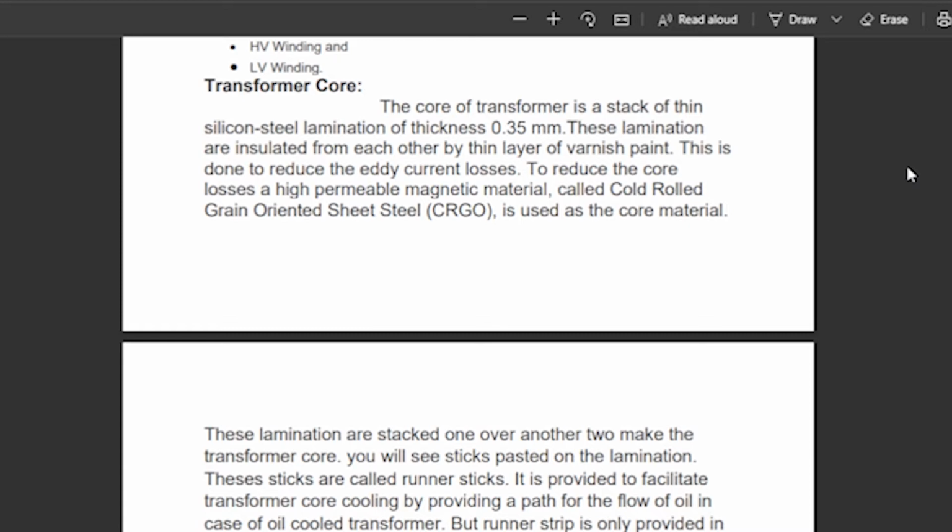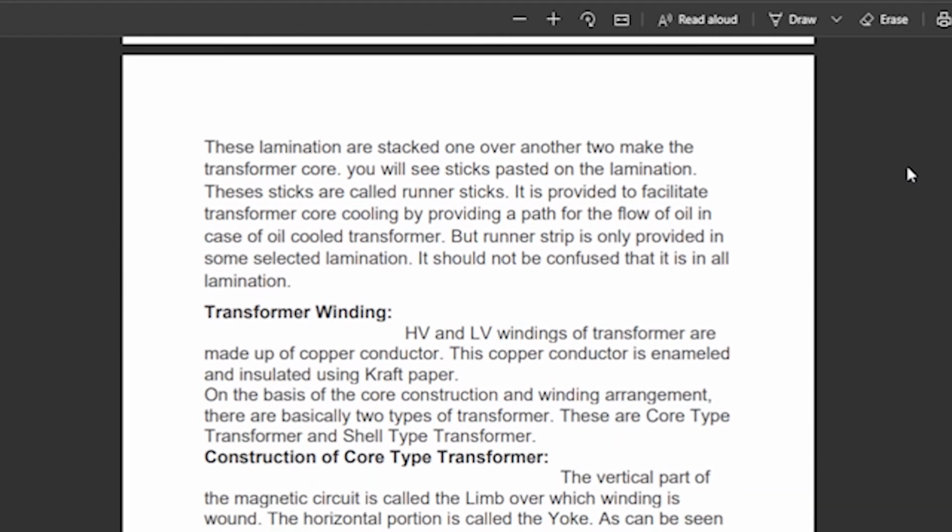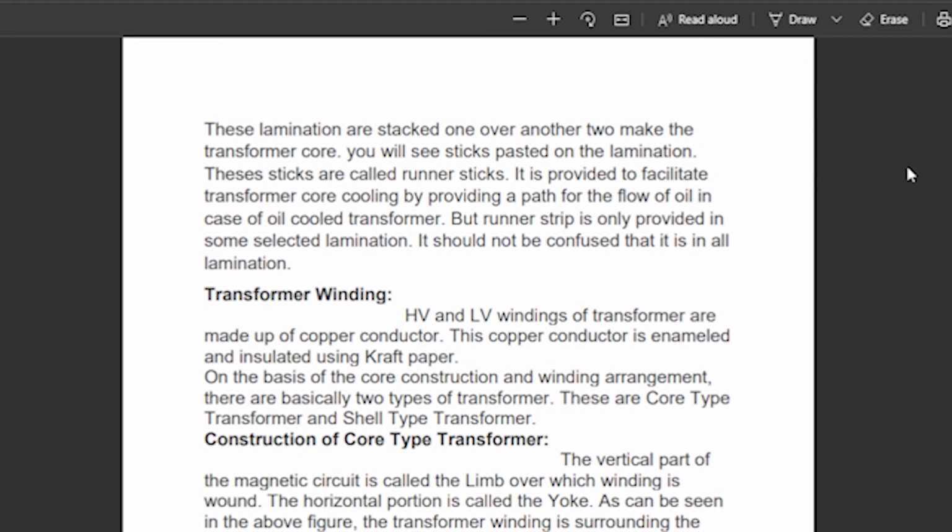To reduce the core losses, a highly permeable magnetic material called cold rolled grain oriented sheet steel, or CRGO, is used as the core material. These laminations are stacked one over another to make the transformer core.